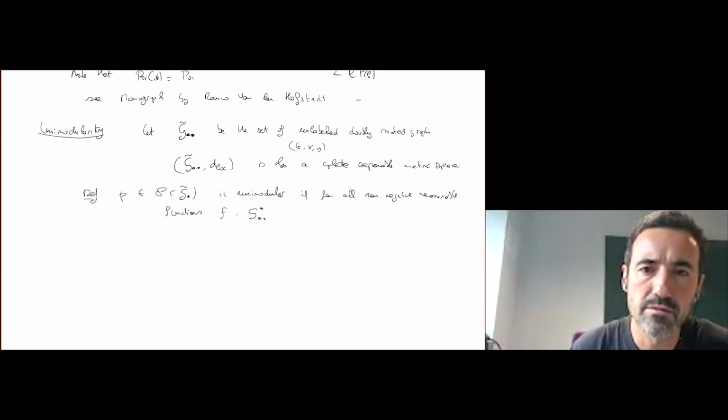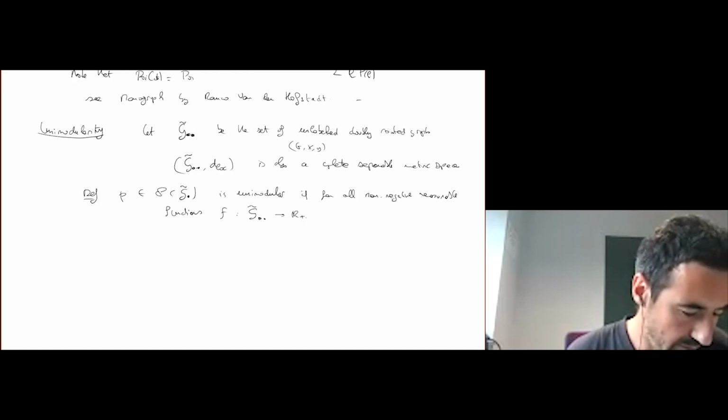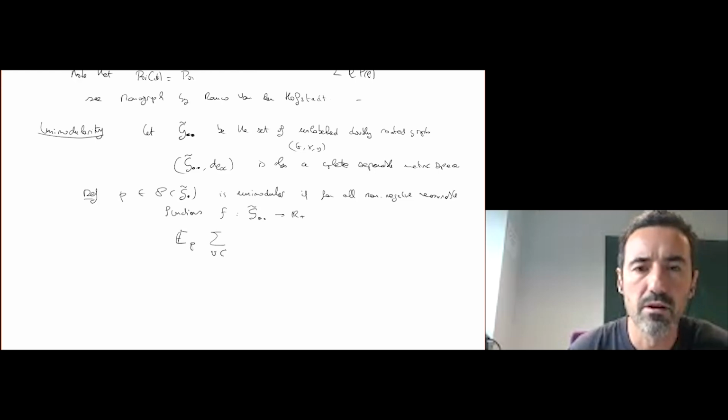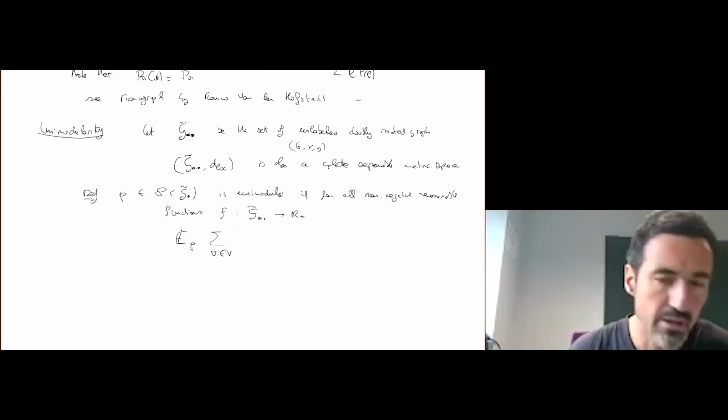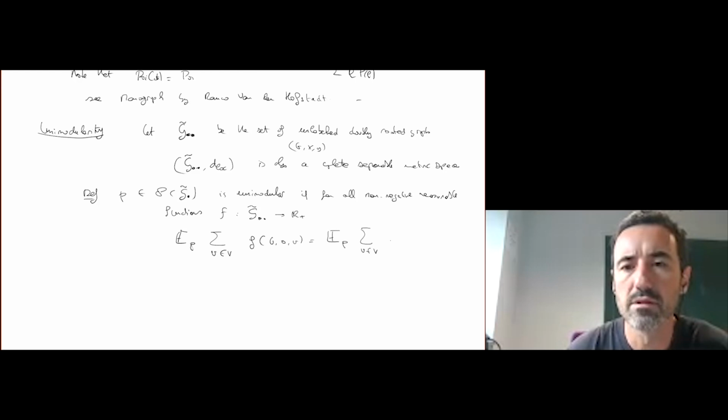on doubly rooted graphs, to R plus, we have that the expectation under rho of the sum over the vertices v of the graph G of f(G, o, v) is the expectation under rho of the sum of f(G, v, o).